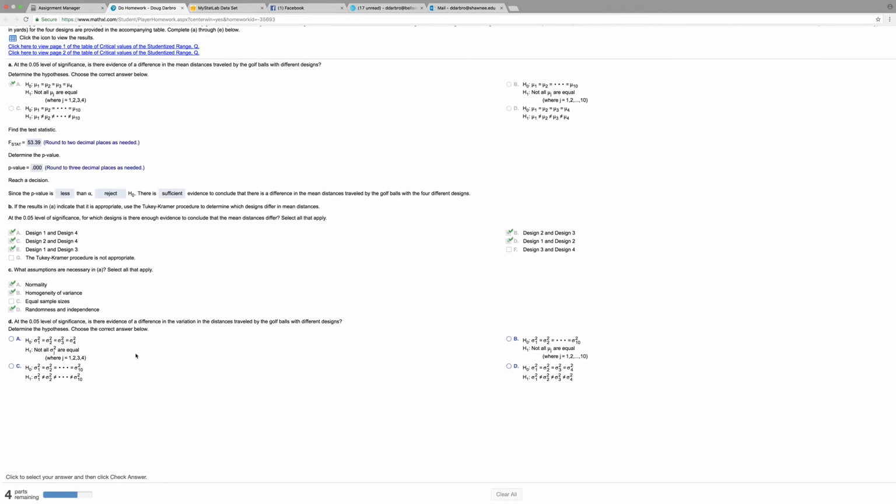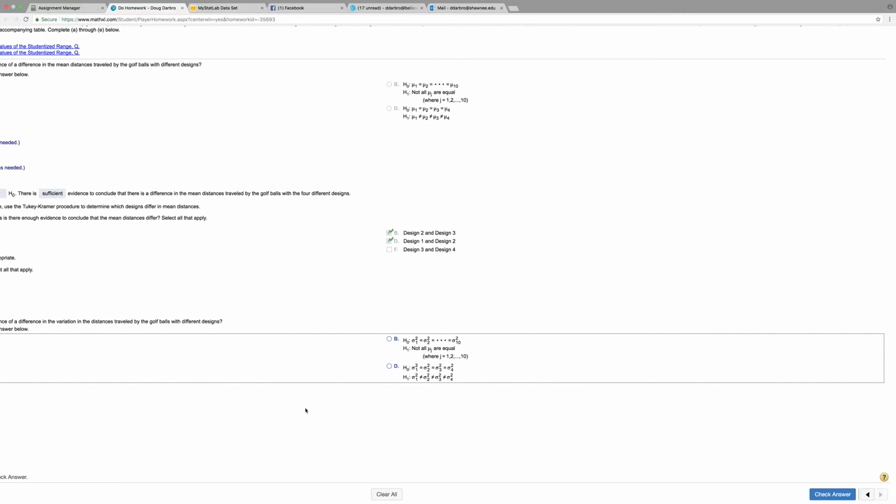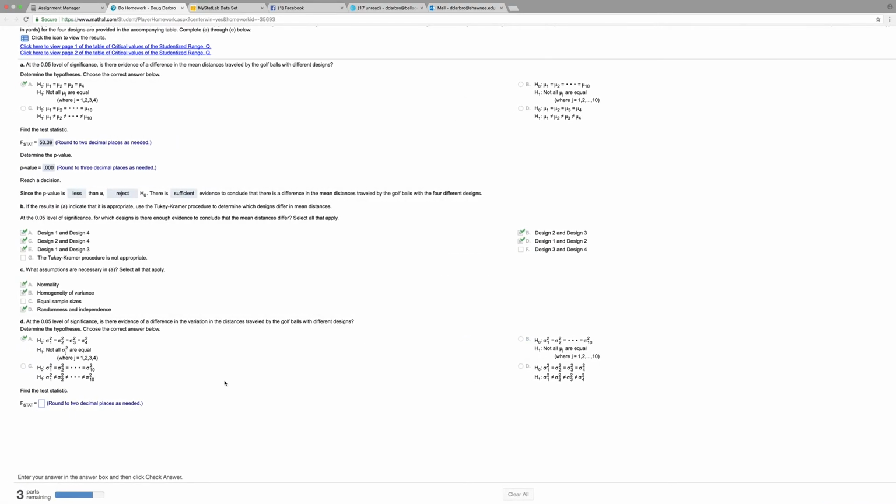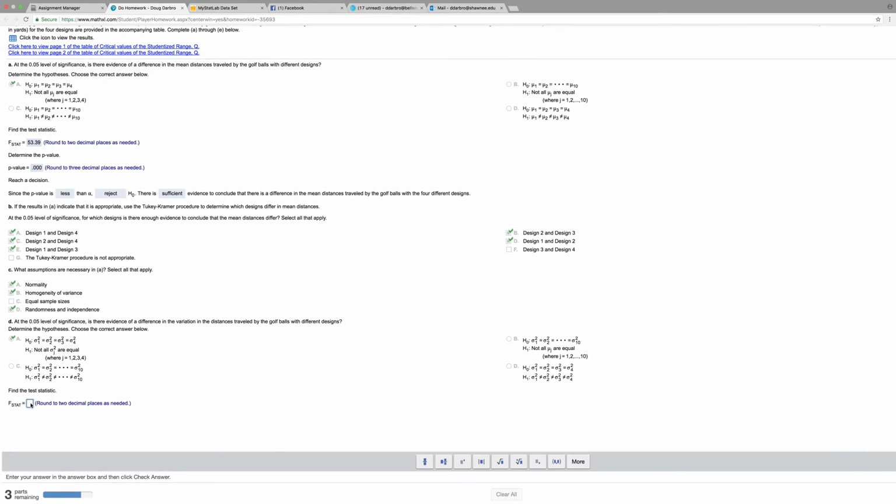Here we go. We're going to have more fun with this modified Levene's test. It drives me insane. So guys, we have 4 groups, so we look for subscripts of 4. Find the test statistic.